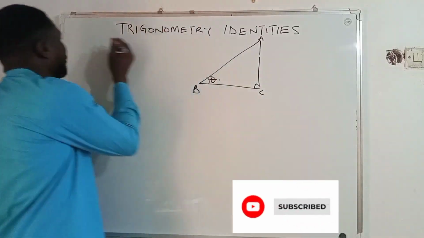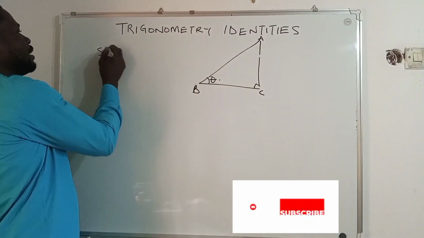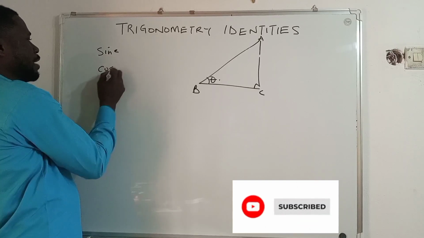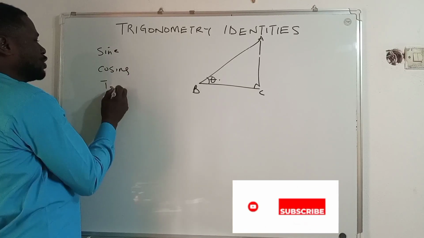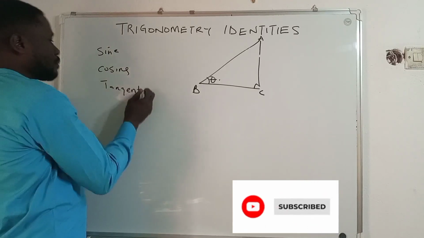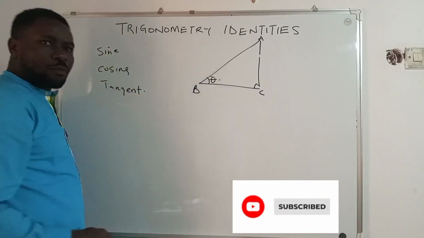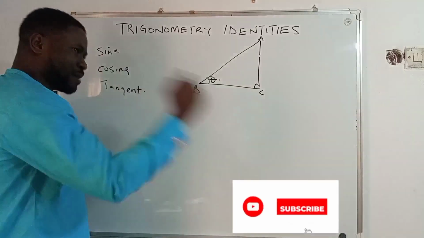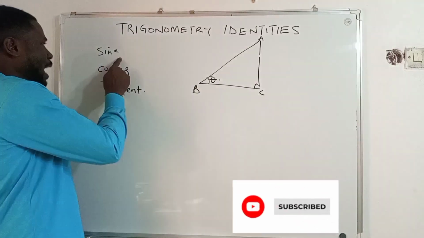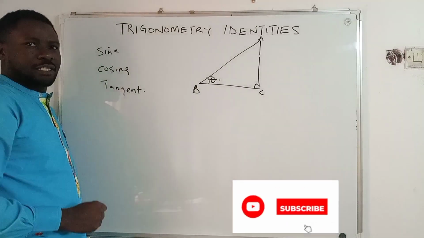Basically, we have sine, cosine, and tangent. That's why it is called trigonometry, because its functions are specific: sine, cosine, and tangent.